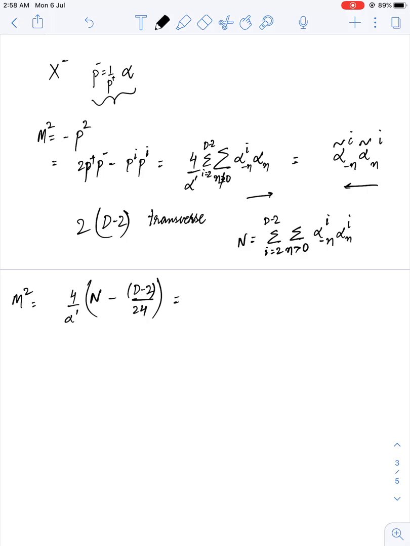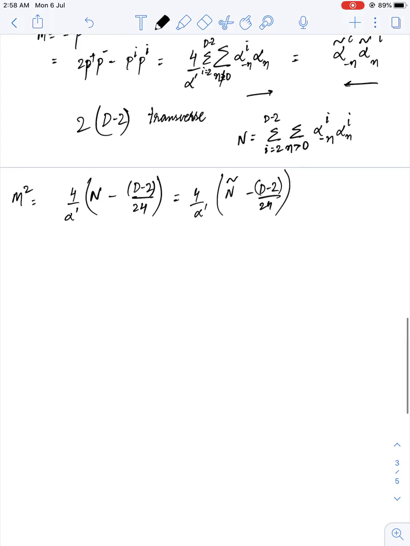If you use the left moving modes, this is what you get. Now you fix D. I will just give the argument he gives. You use alpha as creation operators, and since we are doing canonical quantization, you have to give the operators.